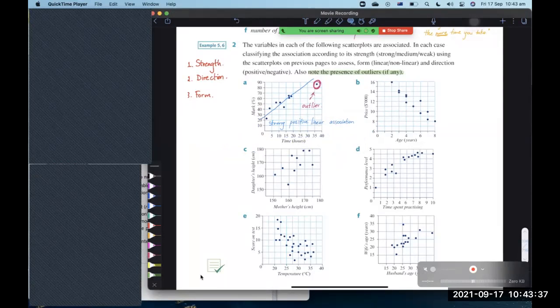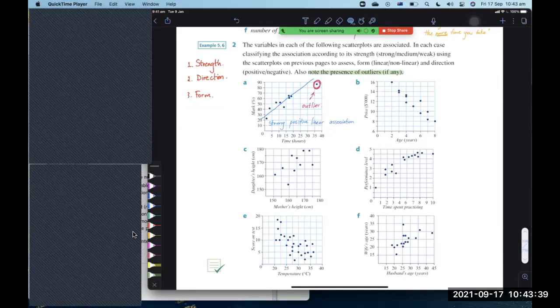Oh, Uma. Oh, maybe moderate. Okay. Moderate and strong here. For F, you can see some sort of a pattern here.